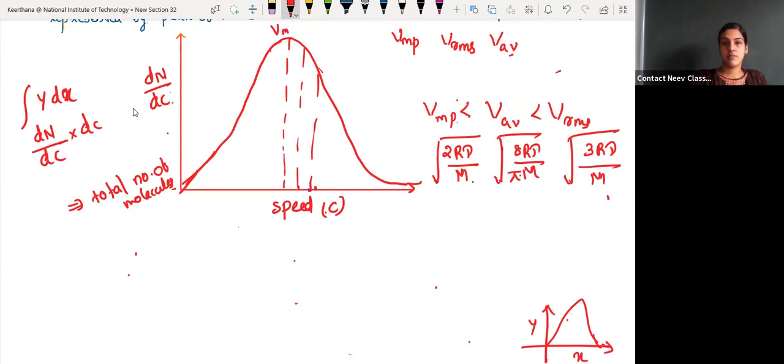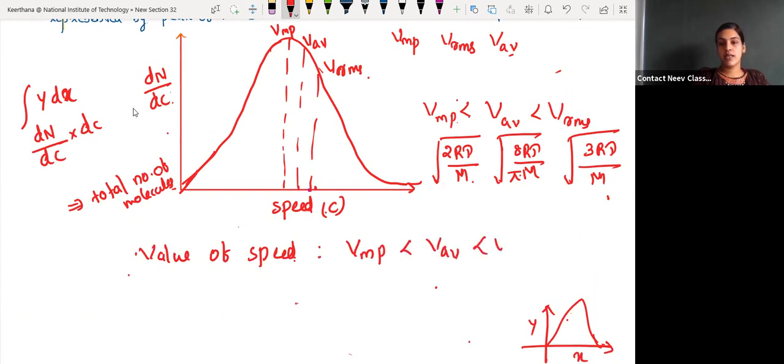This is VMP, V average, and V RMS. We know that the order of the value of speed is VMP less than V average less than V RMS.